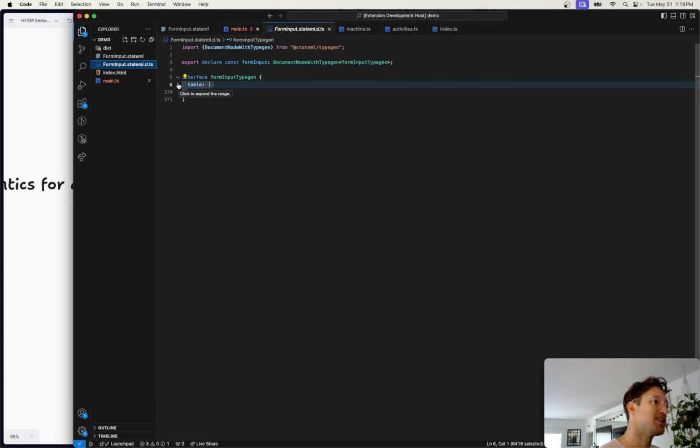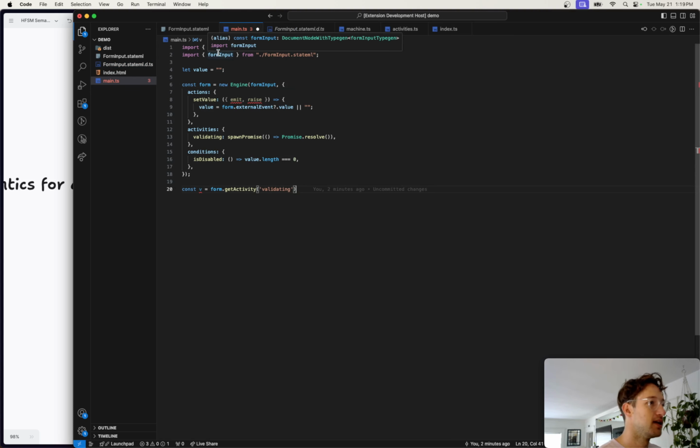So all we're doing is bringing the output of the compiler, the machine representation that the engine operates on, and we're defining that as a TypeScript type, and we're attaching that to the export of the StateML file that you're importing, right?